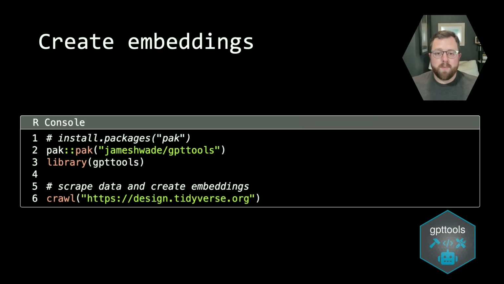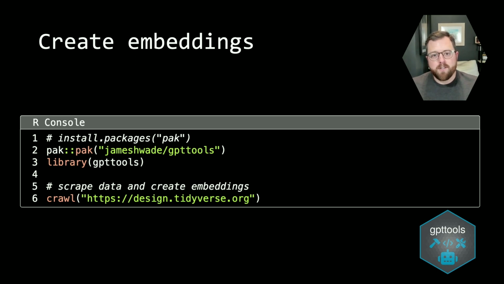We'll need to install GPT Tools, which we'll need to do from GitHub since it's an experimental package and not yet on CRAN. You can use the package manager pak to make this easy. The code on the slide shows you how, pointing to JamesHWade/gpttools.